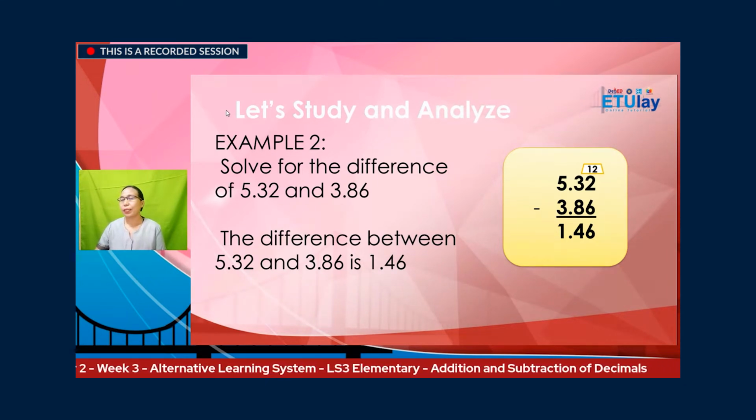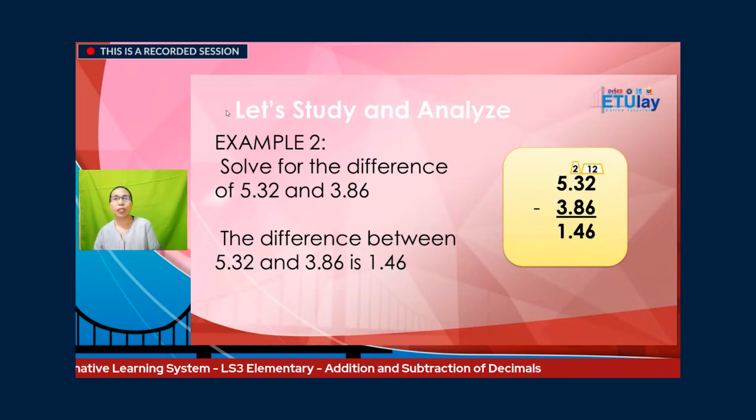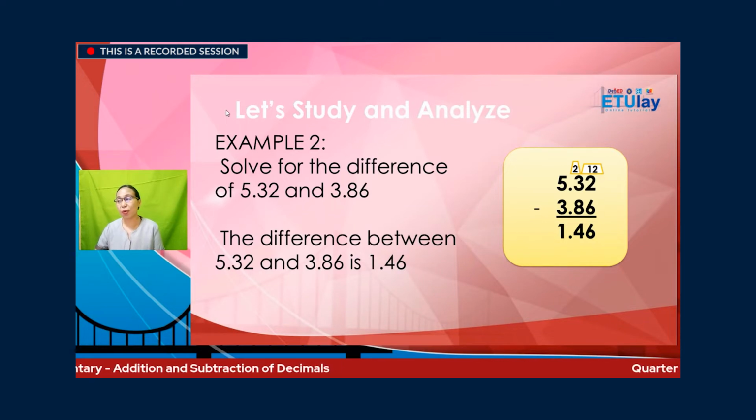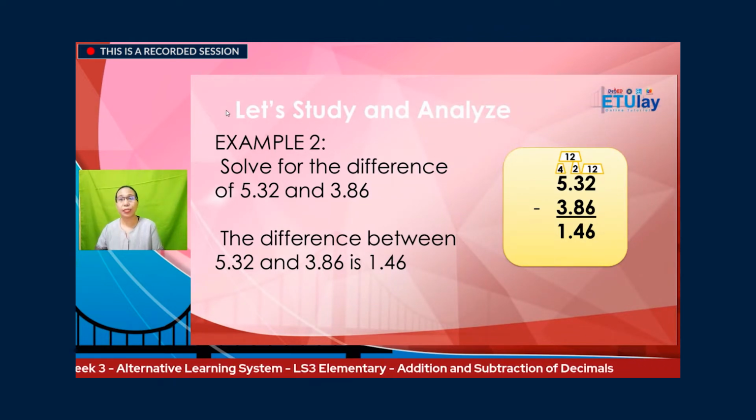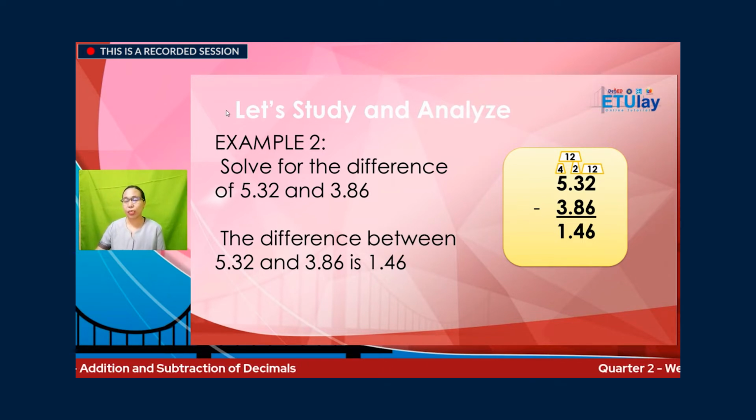Next, because we borrow 1 from 3, it will be equal to 2. 2 minus 8 cannot be again. We need to borrow 1 from 5. So we got 12. 12 minus 8 is 4. Then 5 is equal to 4 already. Just simply subtract 3, so we got 1. Therefore, the answer is 1.46.